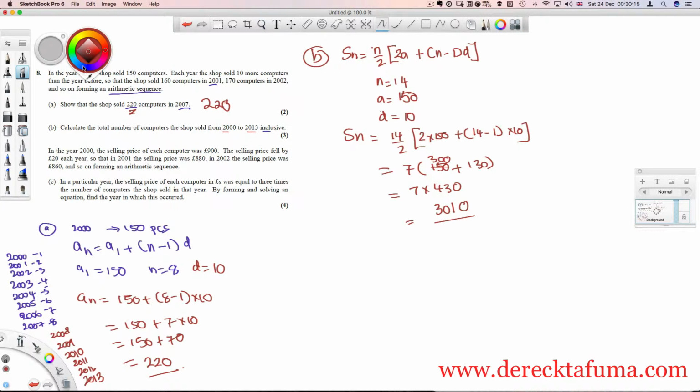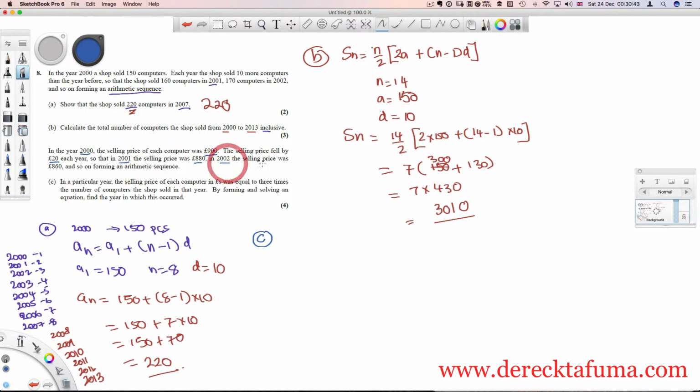The next question is C. Let's start C here. It says, in the year 2000, the selling price of each computer was 900. The selling price fell by 20 each year, so that in 2001, the selling price was 880.